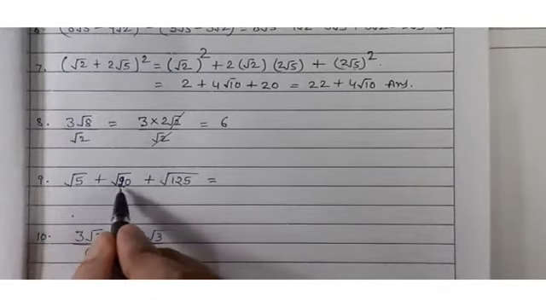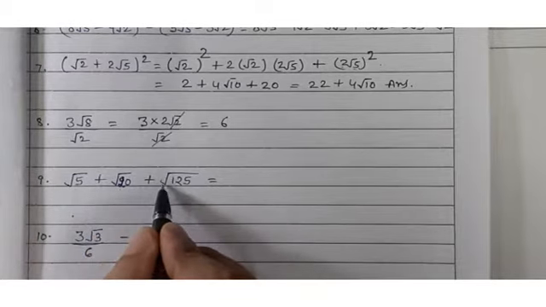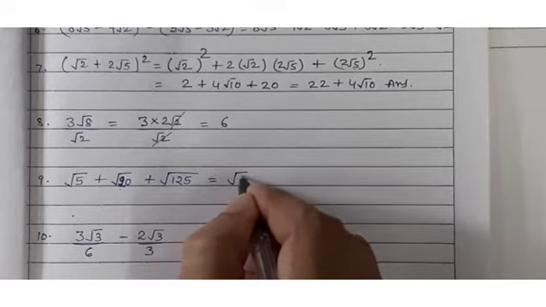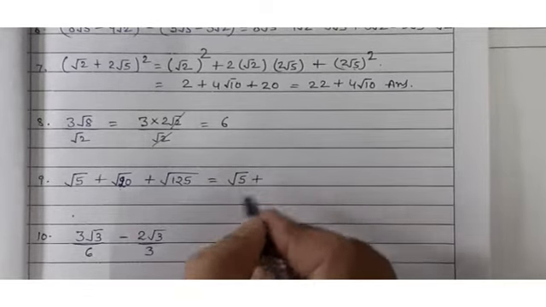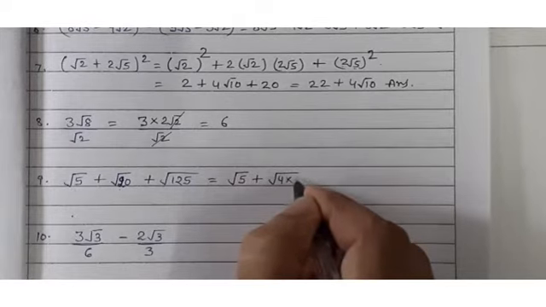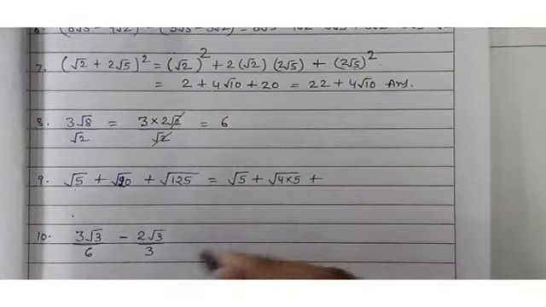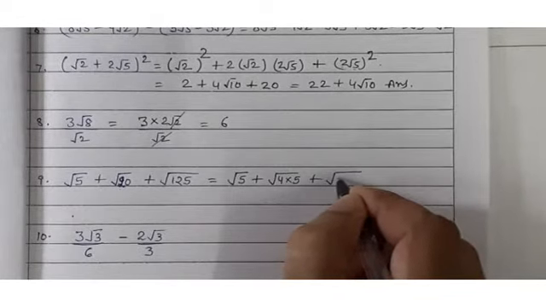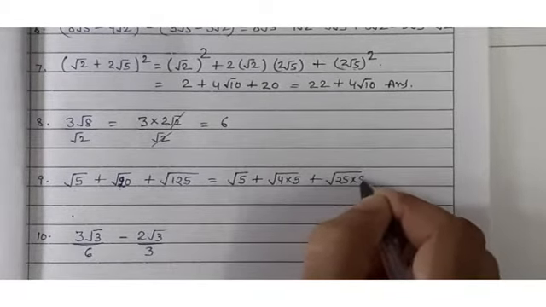Now the next, 9th question. Under root 5 plus under root 20 plus under root 125. Under root 5 is as it is. Under root 20, what can I write? See here, like this. Under root 125, 125 means 25 5s are.